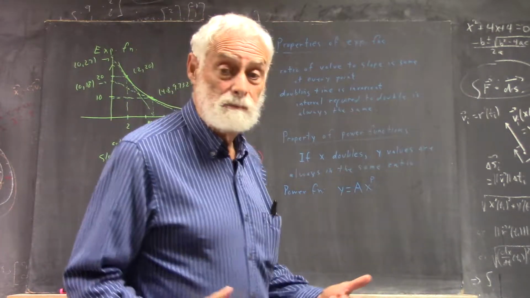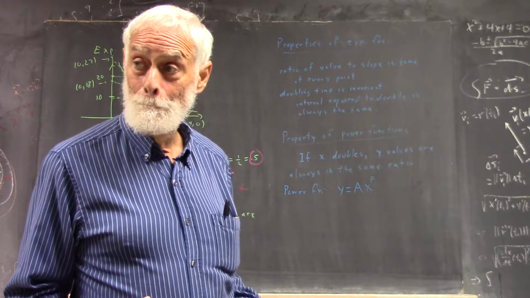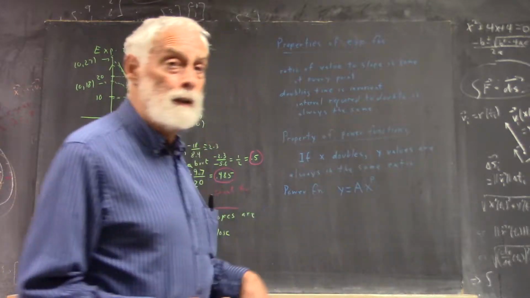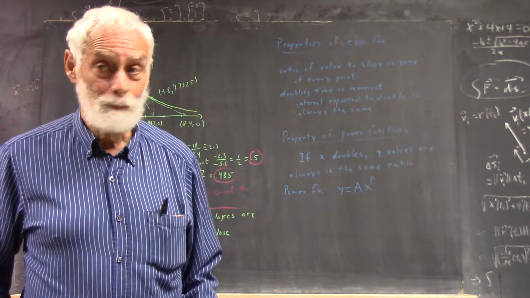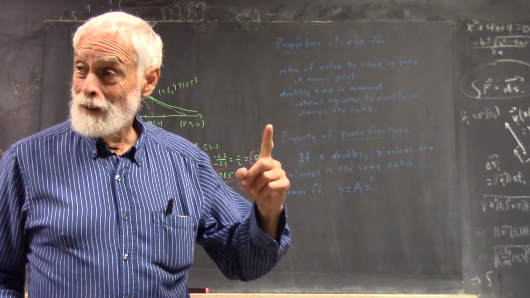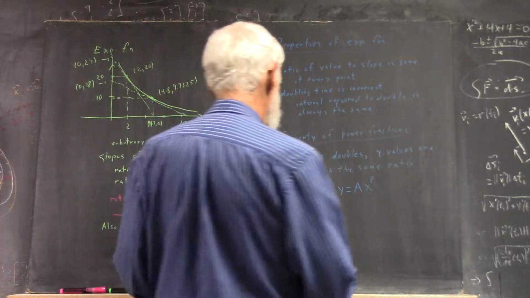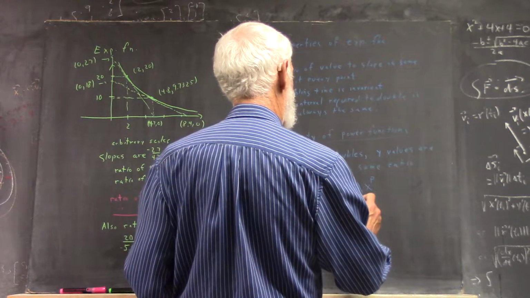Well, what about y equals x squared? Is that a power function? Are there numbers you could put in for a and p that would make this y equals x squared? What would you put in for a? 1. And what would you put in for p? 2. Okay, so y equals x squared.